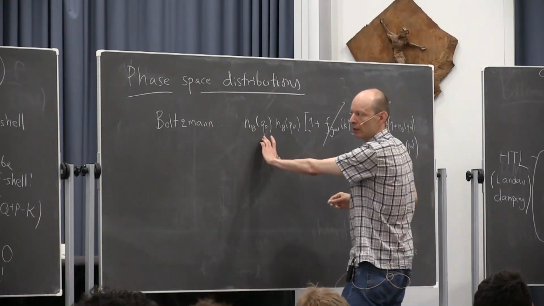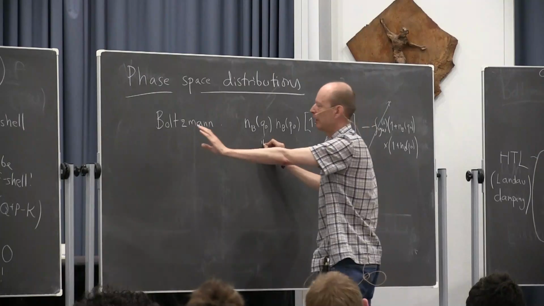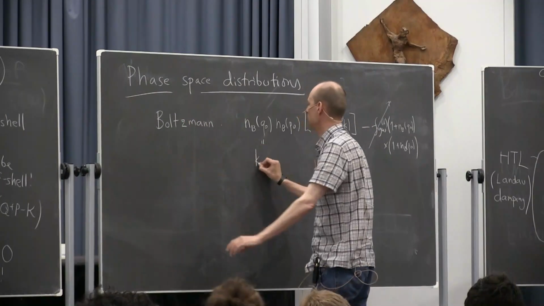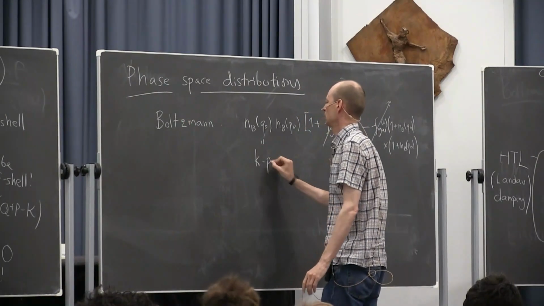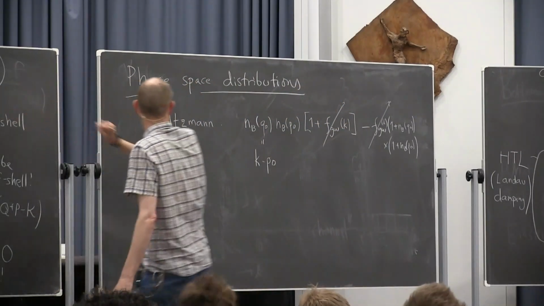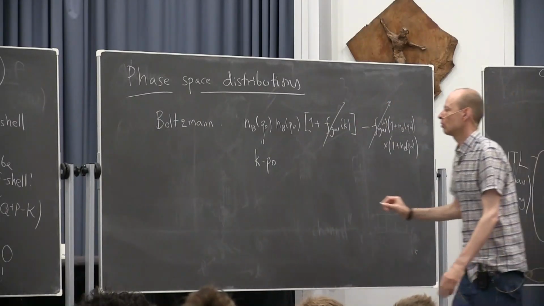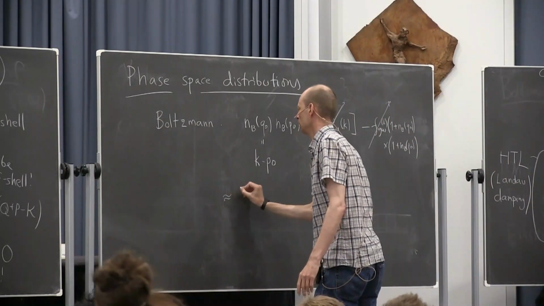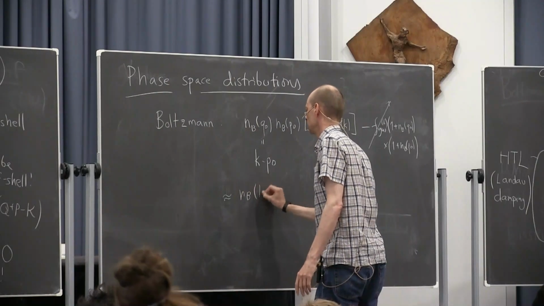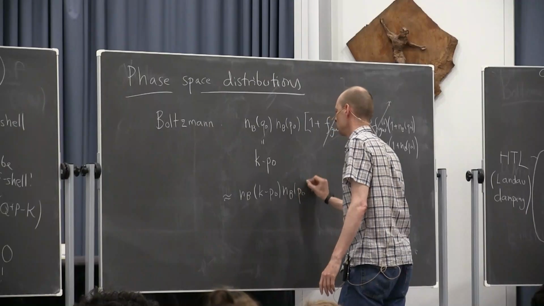And furthermore, here I can write this Q0 as K minus P0. Q is k minus p. I think I had it here already. So therefore this is nB(k minus p0), nB(p0).